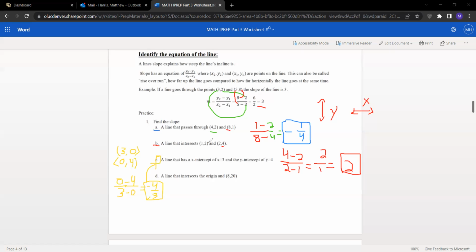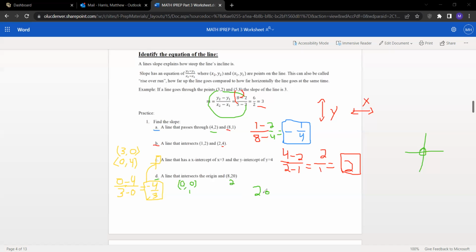Now we can do one more. We have D, a line that intersects the origin and 8, 20. So what is the origin? We have a graph. It's right in the middle. So 0, 0. So now we can think about what this line looks like. So we have our 2 coordinates, so we can do rise over run.